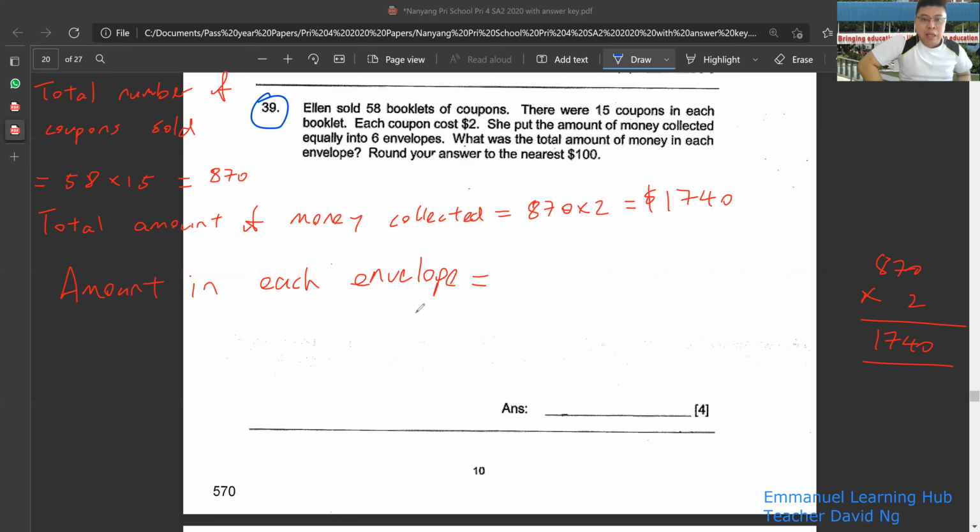1740. Then she put the money collected equally into 6 envelopes. So what's the amount in each envelope? What must you do to find? Do you multiply or do you add? Do you subtract or do you divide? Divide. Okay, which number divide by which number?